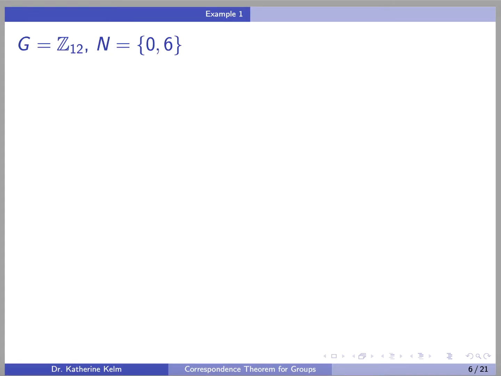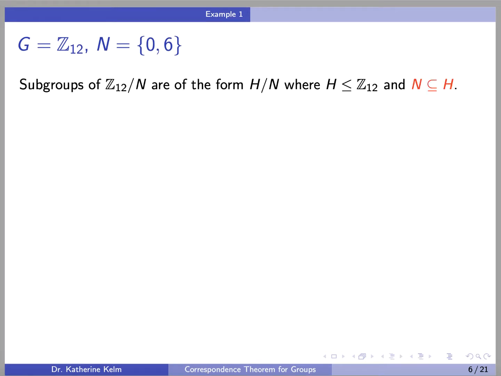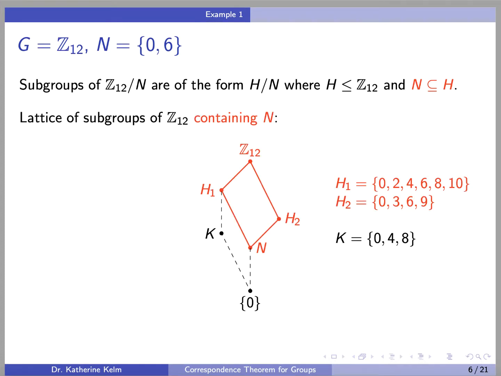Here's our first example. Let G be Z12, and let N be the subgroup consisting of 0 and 6. Subgroups of Z12/N by the lemma are of the form H/N, where H is a subgroup of Z12 and N is a subset of H. If we look at the lattice of subgroups of Z12 containing N, we get this picture.